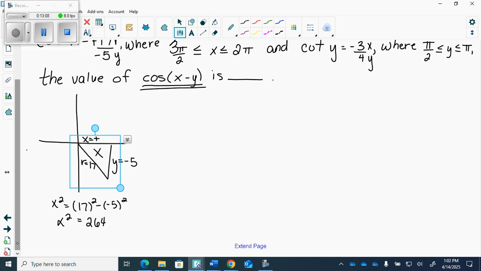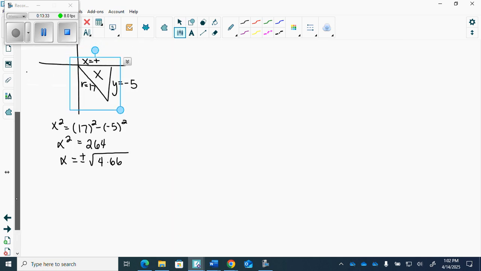If you don't put it in brackets, it will tell you it's negative 25, which is not true. All right, good talk. 264 divided by 4. Is 4 the biggest? I think so. X equals plus or minus 4 times 66. So 2 root 66.